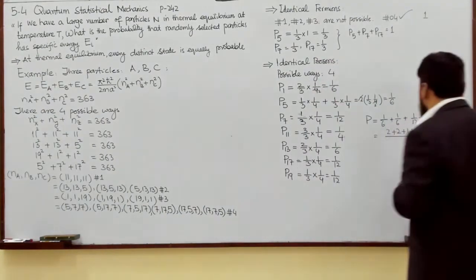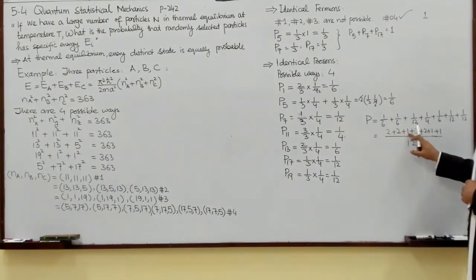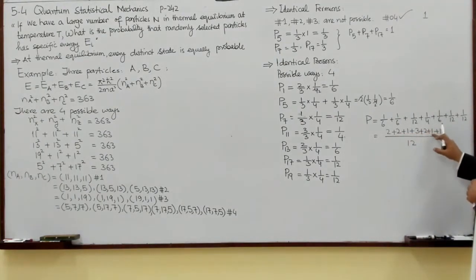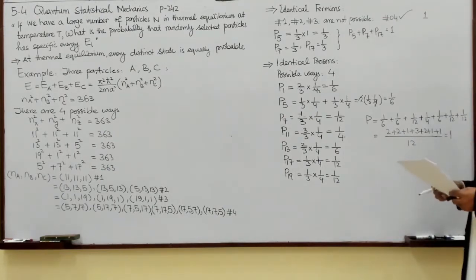And if I add them up, 4, 5, 8, 10, 11, 12, and the total probability sums up to 1.